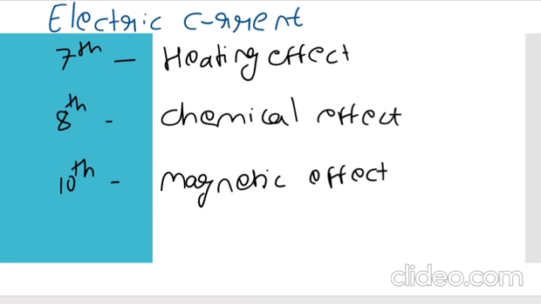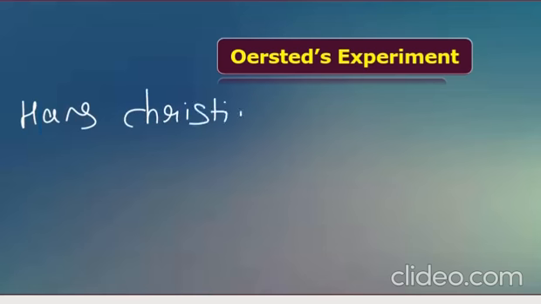So the first basic topic of our chapter, the most important one, is Oersted's experiment. Who is he? His full name is Hans Christian Oersted.